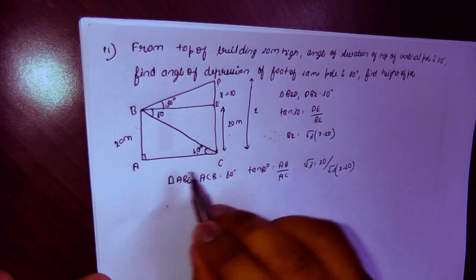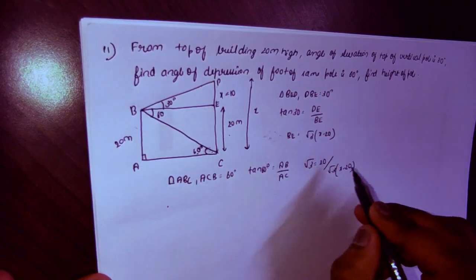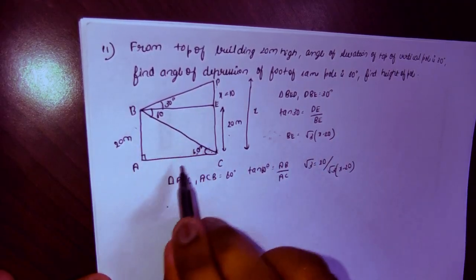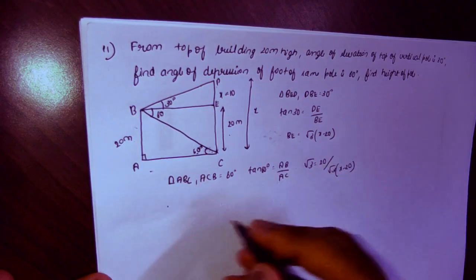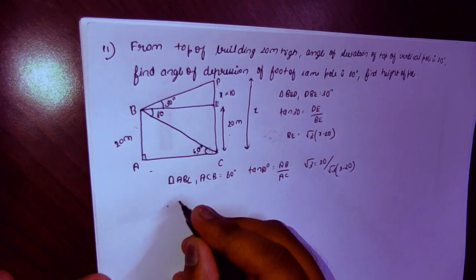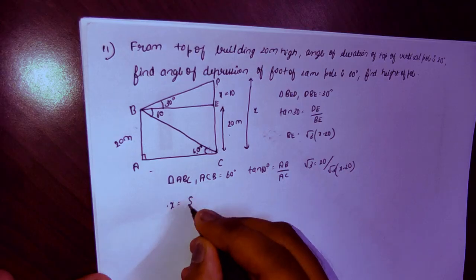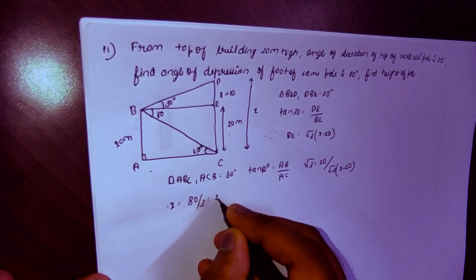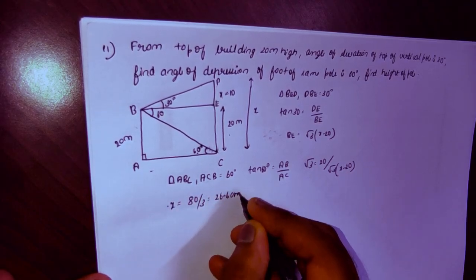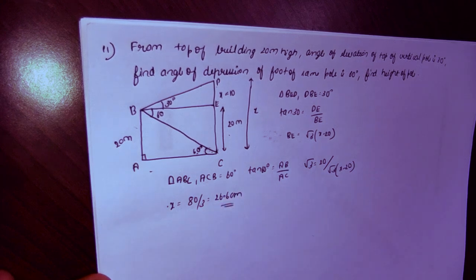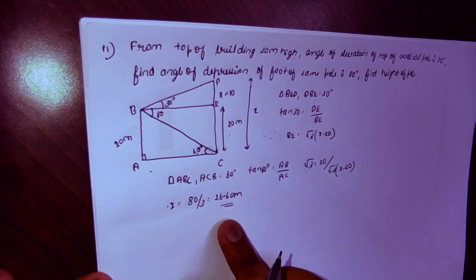This AC value we have got just now, that is BE is same as AC. So root 3 into x minus 20. When we substitute the values, we will get the answer of x, that is 80 by 3, 26.6 centimeter. So the height of the pole is 26.6 centimeter.